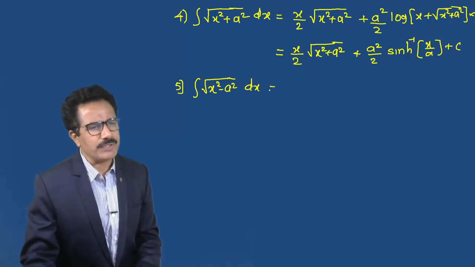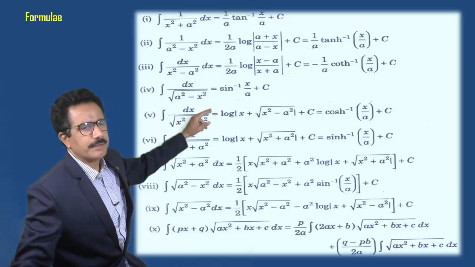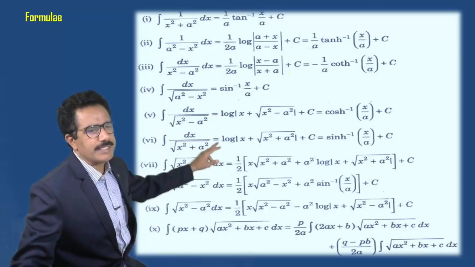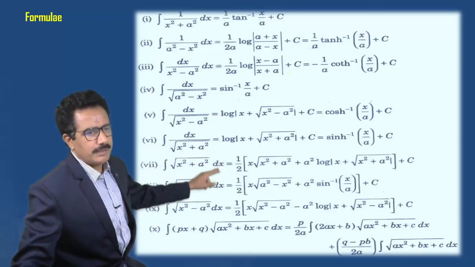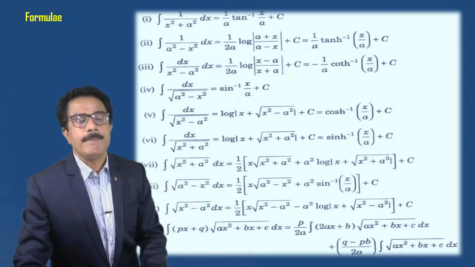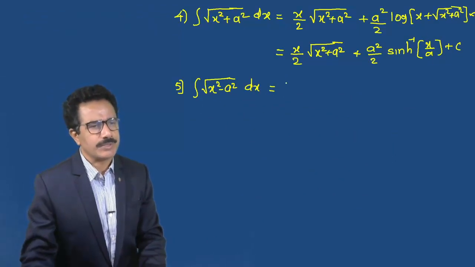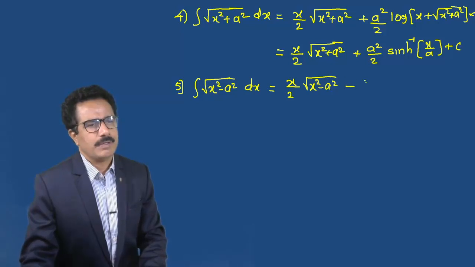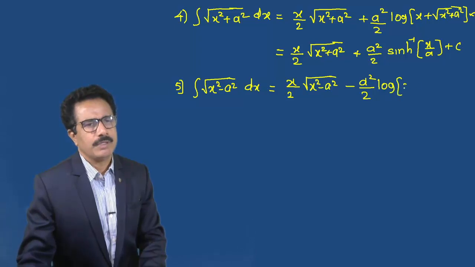The same formula we have to use here. See this, root of x square minus a square, then x by 2 root x square minus a square by 2. So the same formula, x by 2 root x square minus a square minus a square by 2 into log of x plus root x square minus a square.